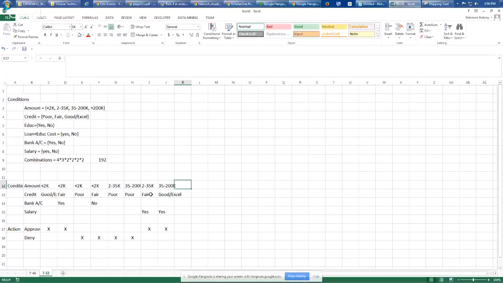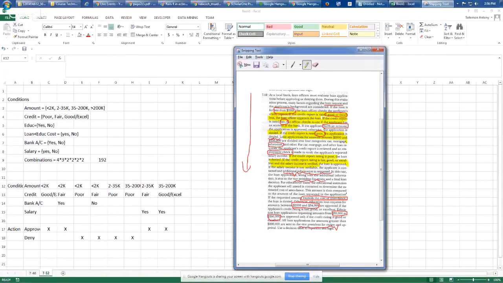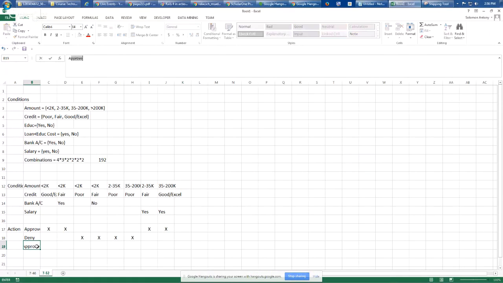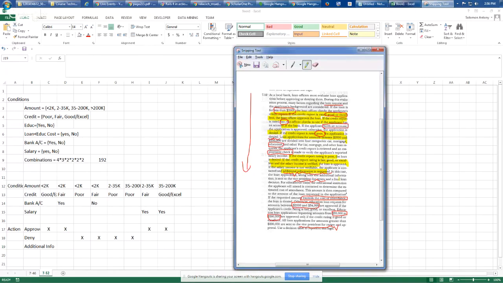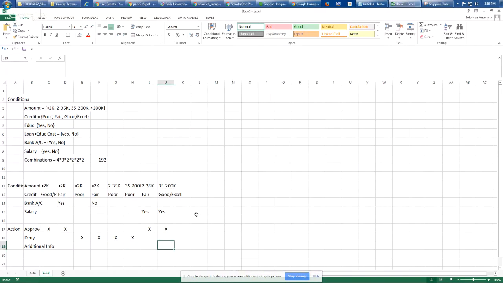Okay, so if salary is not verifiable, the applicant is contacted and additional information is requested. So there is another action here. I forgot to include that. Additional info is requested if salary income is not verified.